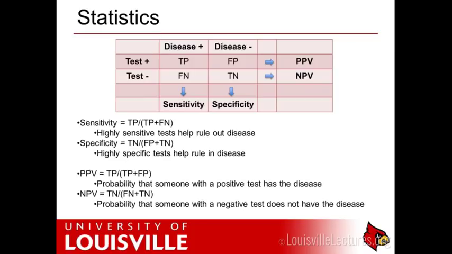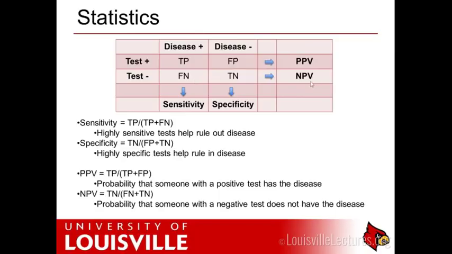But you're plugging in a test and then you're getting a result. So I put test on the left side and then disease up top, and then you're going to use these values to calculate your sensitivity. It's not true addition, and then these are for specificity, and then going across, looking at these values, you can get positive predictive value and negative predictive value.